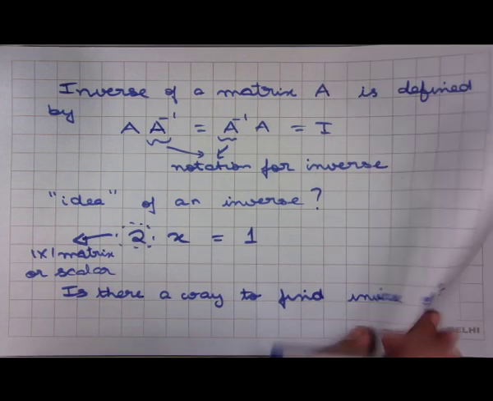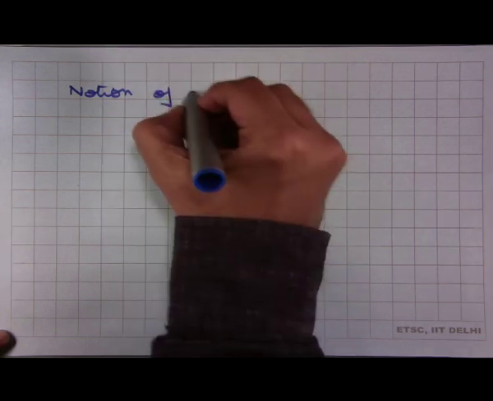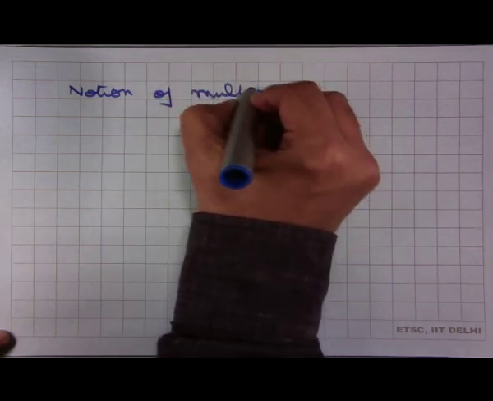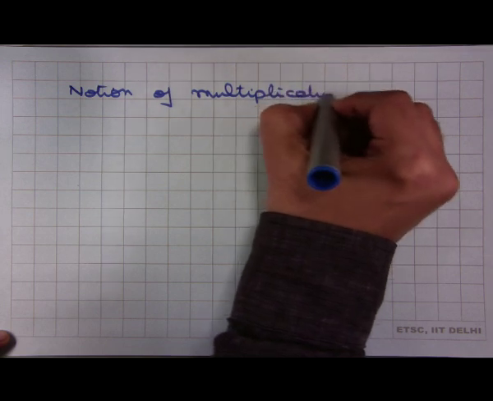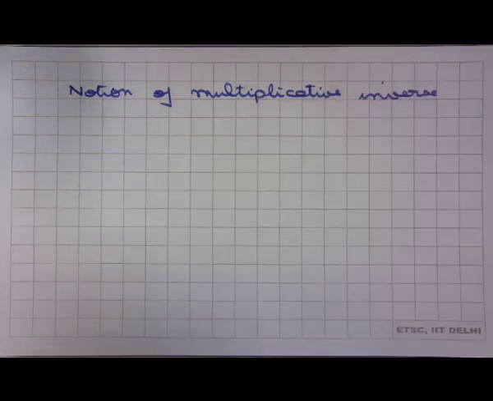Right. So, essentially what we say is that there is a notion of multiplicative inverse. That is, if we multiply 2 by the number half, which is nothing but 2 power minus 1, then what we get is 1, which is in some sense the multiplicative identity. And so, effectively, what we are doing in solving that equation is multiplying both sides by a half, and then we get x is equal to half.